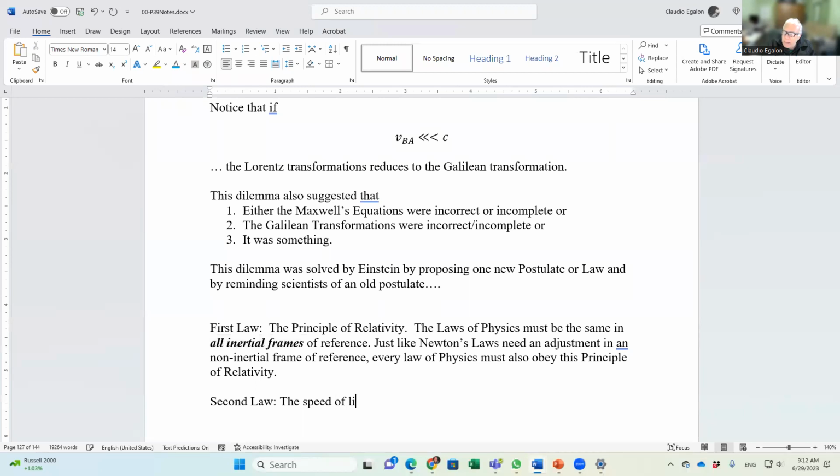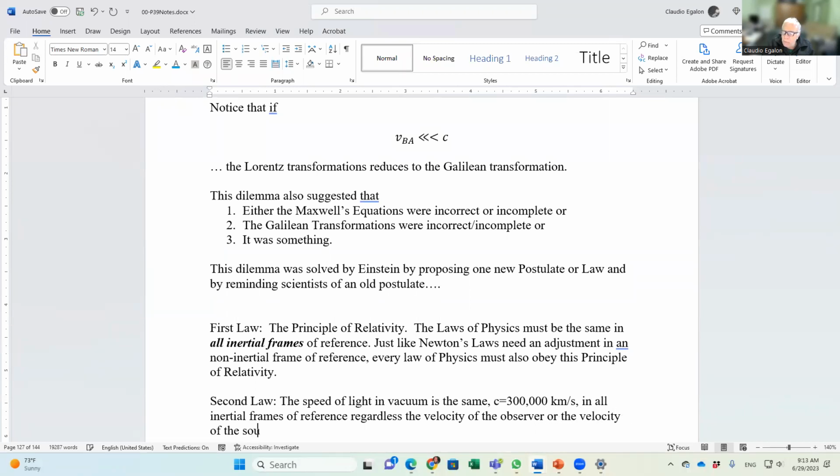The speed of light in vacuum is the same, 300,000 kilometers per second, in all inertial frames of reference, regardless of the velocity of the observer or the velocity of the source emitting the light.